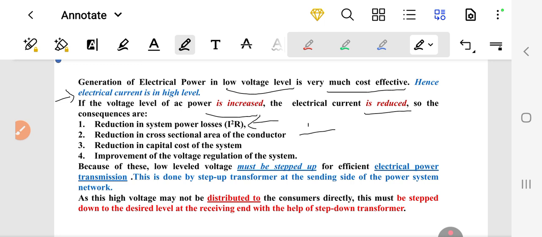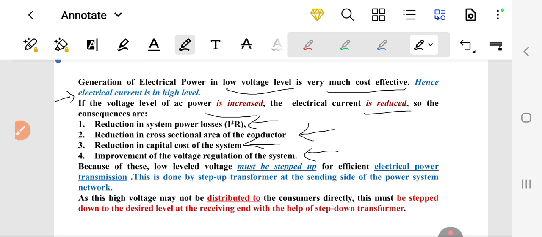The cross-sectional area of the conductors will also decrease as the current decreases. The capital cost of the system for the conductors and the structure that holds these conductors for transmission, the towers, will be reduced, and there is an improvement in the voltage regulation due to a decrease in the voltage drop across the lines.